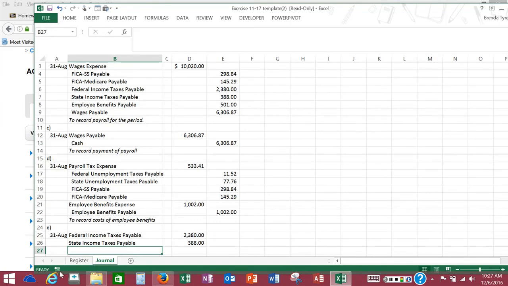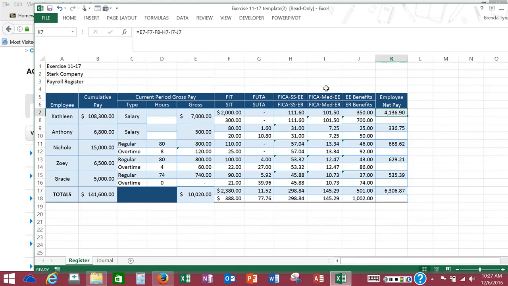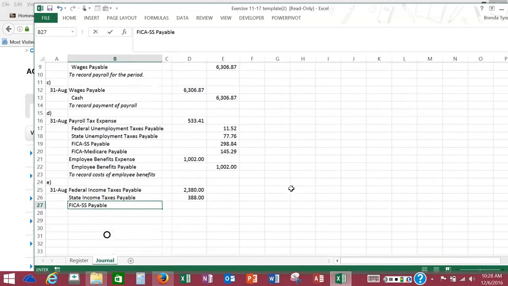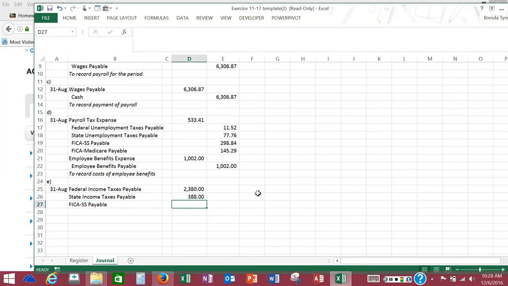What else do we have to pay? Let's look over here. We've got to pay our FICAs, right? So now we'll do our FICA Social Security payable. We've got two portions to that, the employee and the employer. We can add them together and submit them both at the same time.